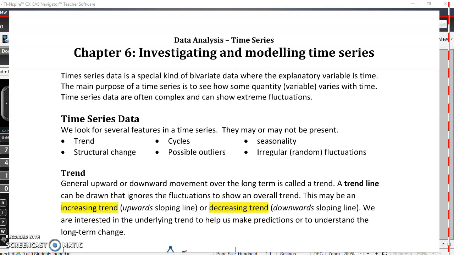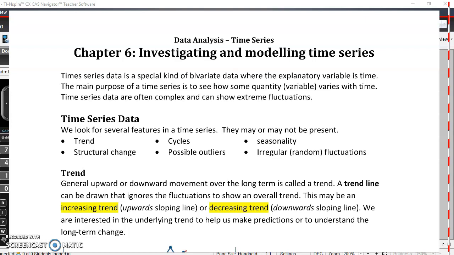The thing about time series data is that it's quite complex and it can have a lot of extreme fluctuations. Fluctuations, you can think of as the sharp up and down we might see in a graph. So why would that happen? Thinking about temperature over a long period of time, temperatures are obviously high in the summer months and low in the winter months.